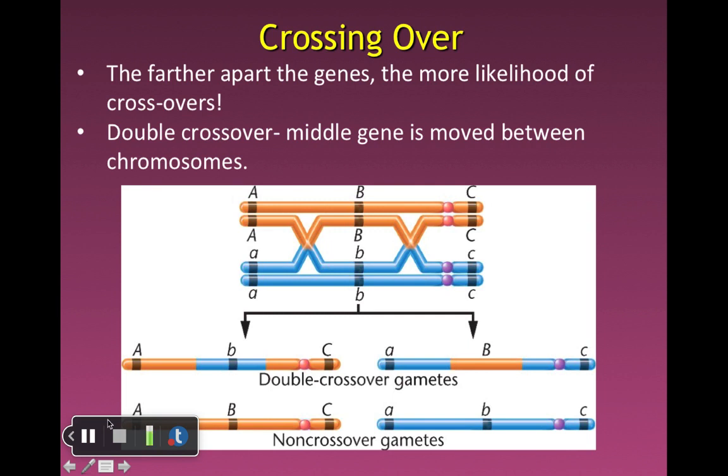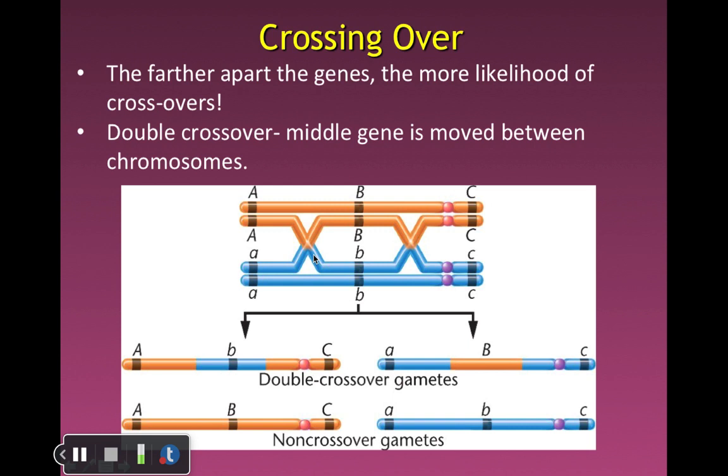Not only that, but another basic concept I'd like you to keep in mind, because this will be important later on, is that when we look at double crossovers, it turns out it's the middle allele or the middle gene that gets moved between chromosomes. So that's illustrated here. In a double crossover, we've got not 1, but 2 crossover events taking place.